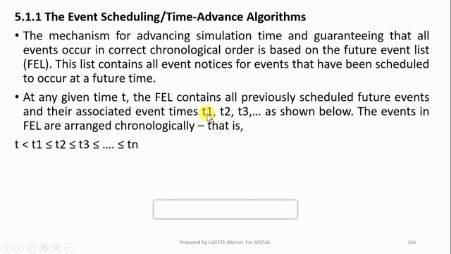Event one will occur at time t1, the second at t2, the third at t3. The events in the FEL will be arranged in chronological order. We must follow a very nice order, otherwise there will be some mistakes. So t must be less than or equal to t1, and t1 less than or equal to t2 and so on. It means that the events must be between t and tn.